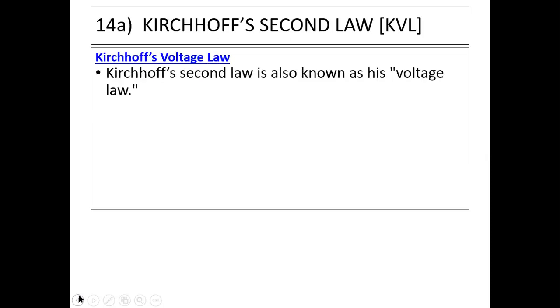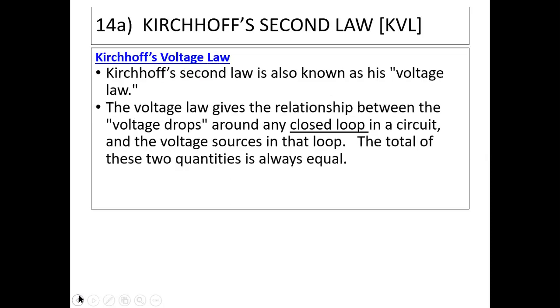Kirchhoff's second law is known as the voltage law. It gives a relationship between the voltage drop around any closed loop in the circuit and the voltage source in the loop. The two are related.